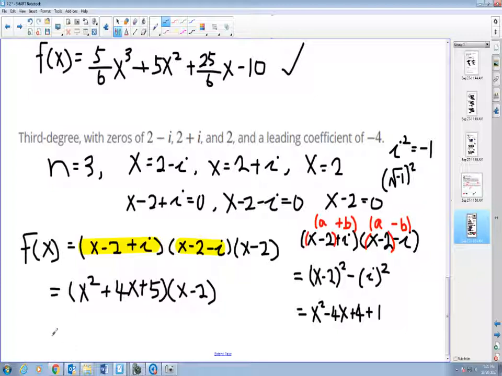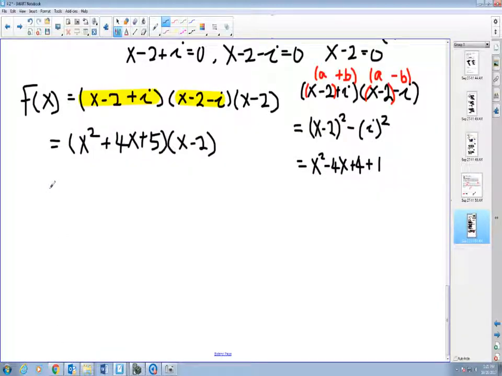And now I will multiply it out. x squared times x is x to the third, x squared times -2 is -2x squared. 4x times x is 4x squared, 4x times -2 is -8x. 5 times x is 5x, and 5 times -2 is -10. Alright, combine like terms.